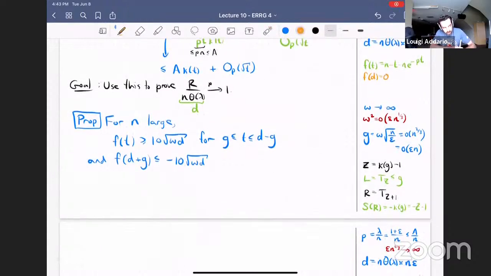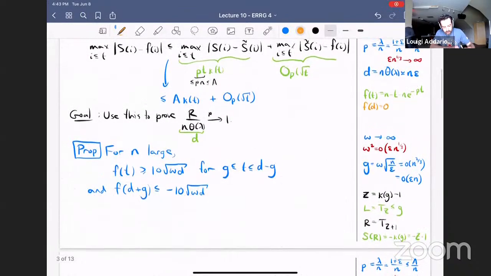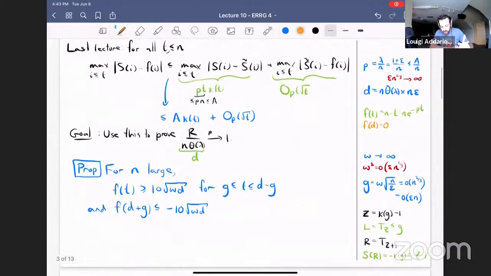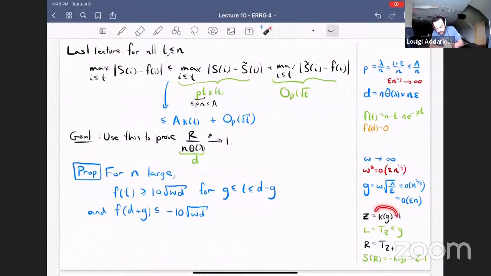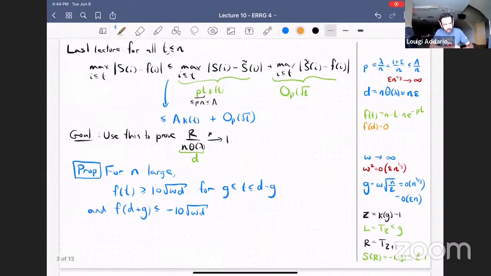And let me first just use it to prove a bound on z. You see, z is going to factor into this error bound here, because one of the terms in our upper bound is the number of components explored, and we'll use that at this time g. So to control this term, we need to understand how big z is, and we can get control on z just from using this proposition.